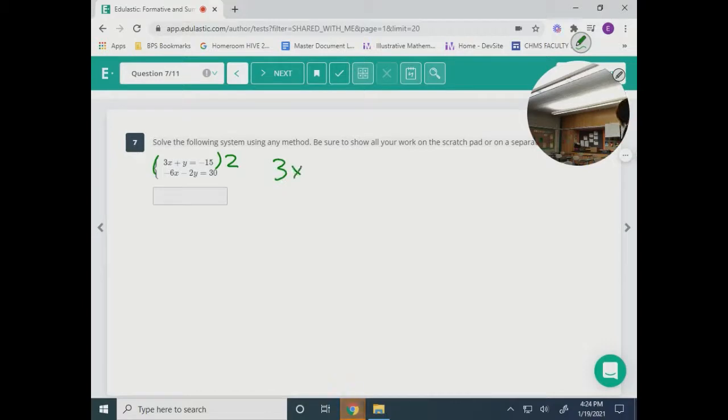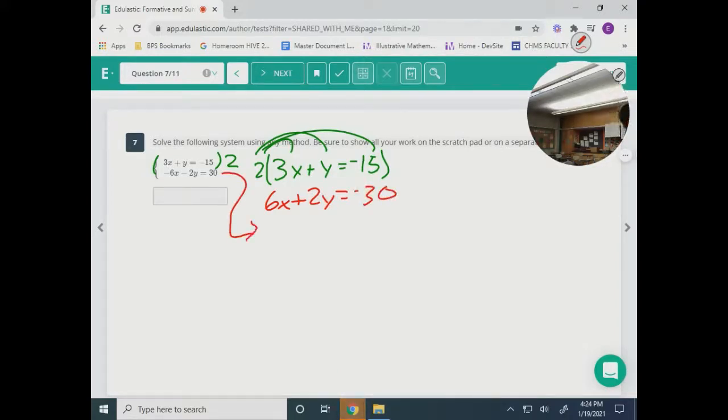So we're going to say 2 times 3x plus y is equal to negative 15. Distribute it out here. We're going to get a 6x plus 2y equals negative 30. Okay, bring down my second equation here. Negative 6x minus 2y is equal to 30.